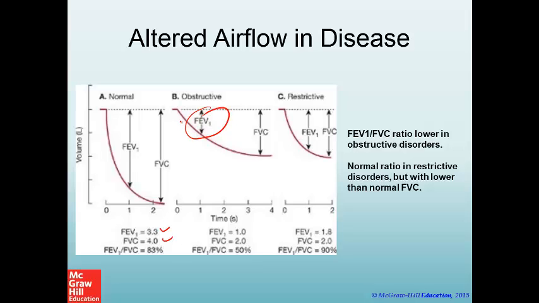Right? You can't move air into and out of the lungs because there's some obstruction. The tubes are constricted. There's a blockage, something, excess mucus production. So the FEV1 is lower. But you would also expect a lower forced vital capacity.